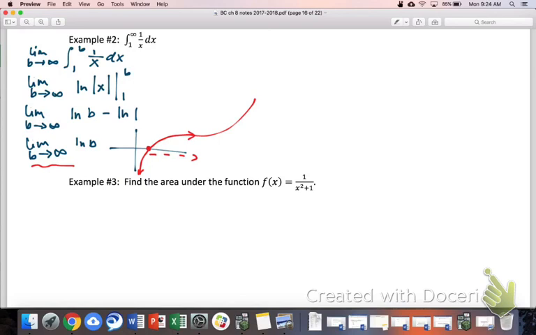It just continues on its merry little way in an increasing pattern. It's increasing at a decreasing rate, and so it really wants to not increase anymore, but it'll keep increasing, right? Just very, very slowly. But won't it keep increasing? Yep. So as b gets huge, ln of b will get huge.